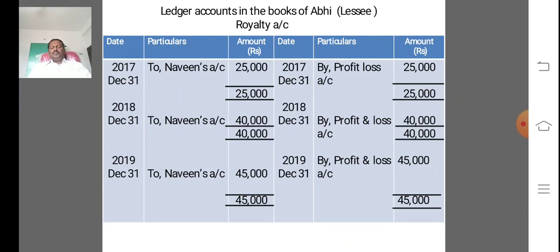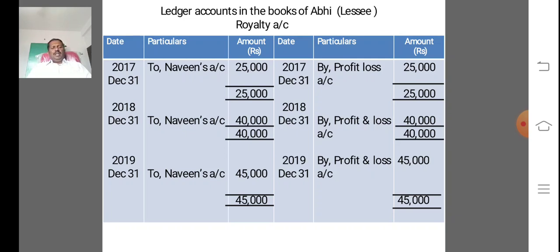Next heading, ledger accounts in the books of Abhi. Abhi is a lessee. What are the different ledger accounts to be opened? There are 3 ledger accounts to be prepared in the books of Abhi, the lessee.